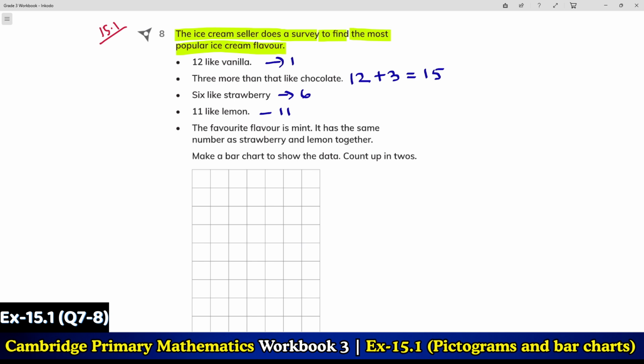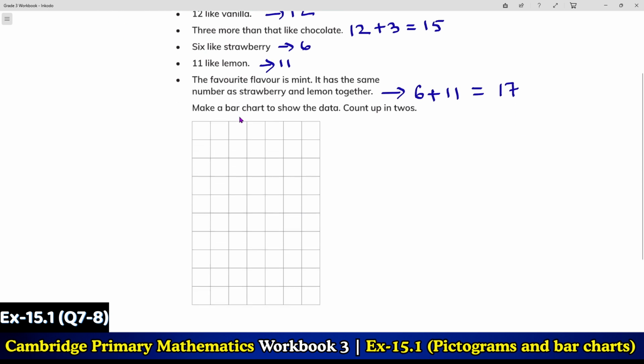The favorite flavor is mint. It has the same number as strawberry and lemon together. It means strawberry 6 plus lemon 11, together 17.